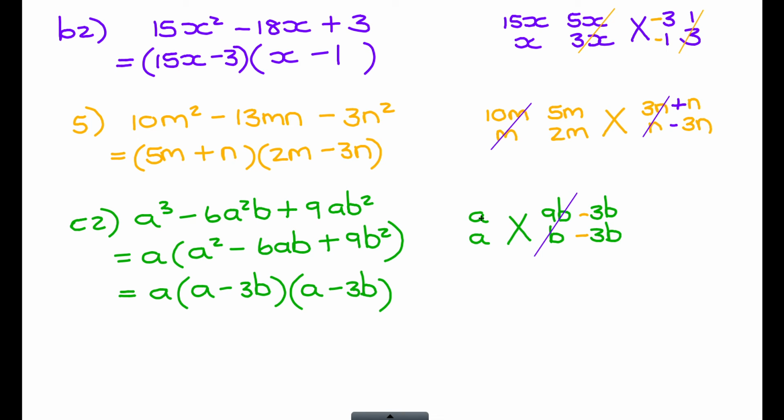Okay, so ek sou in elk geval nie daai, hierdie sou vir my ab gegee het en daai sou vir my gegee het 9ab. So I wouldn't be able to use that to get a negative 6. So automatically that one is out. So dan a mal 3b geef my 3ab en a mal 3b, selfde storie. And because signs will be the same, I made both of them negative. Okay. Is julle reg hier? Enige vrae?